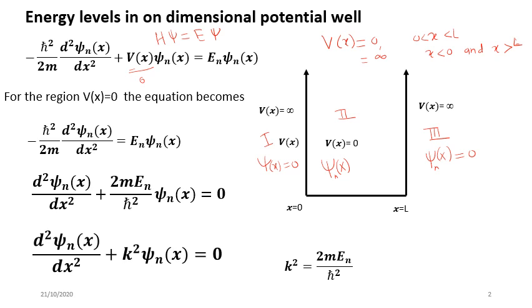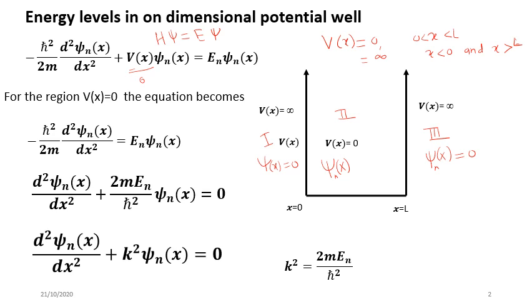So the above equation we can write as minus h cross square upon 2m into d square psi of x upon dx square is equal to E psi of x. We know how to solve this differential equation.